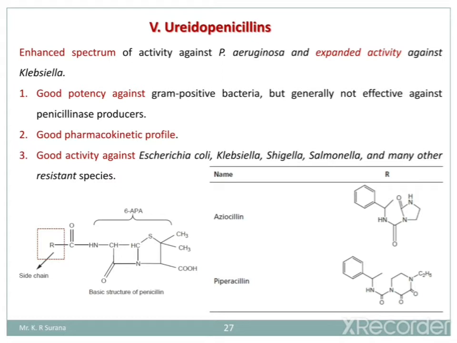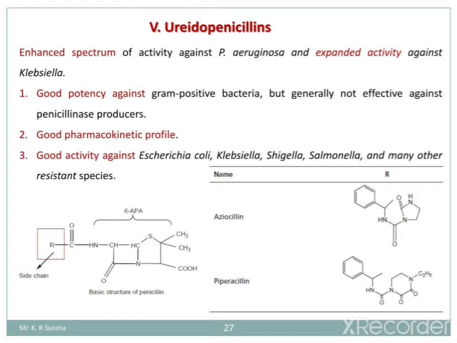The example is azlocillin. You can see the amide linkage, benzene ring, CH, NH, C double bond O, and a particular ketonic saturated imidazole kind of structure that we have to substitute in case of azlocillin. Next example is your piperacillin.